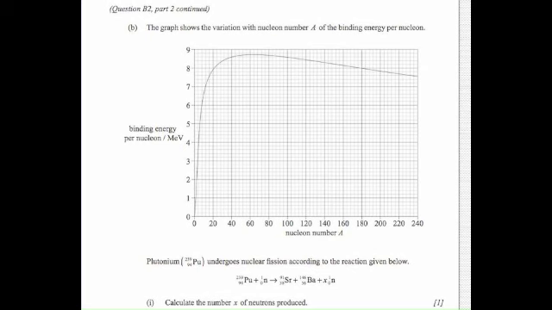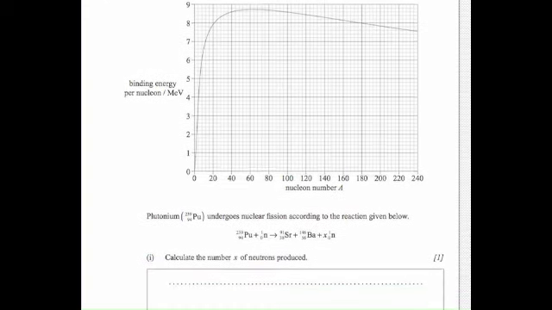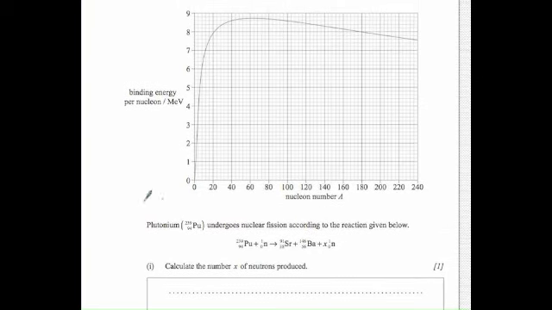Now here's a graph of the variation of binding energy per nucleon with nucleon number. And we have an equation here showing the fission of plutonium-239. So first, how many neutrons are produced? Well, to work out how many neutrons are produced, we need to balance the mass numbers in this equation. So on the left-hand side we have 239 plus 1, that's 240.